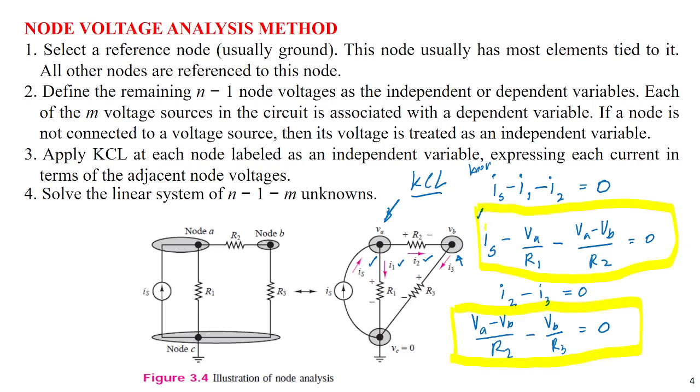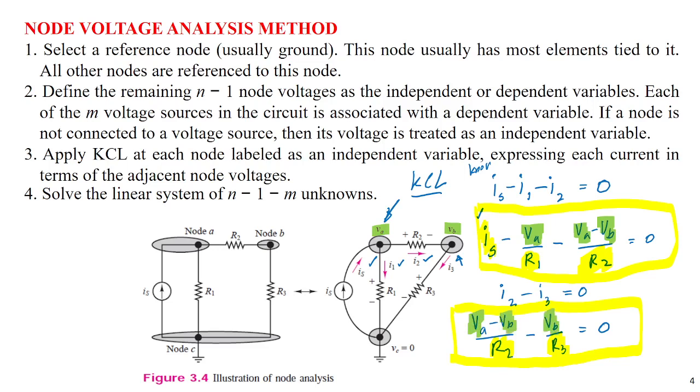Then we know Is, we know R1, R2, and R3. What is unknown? We don't know VA, and we don't know VB. How many unknowns? Two.